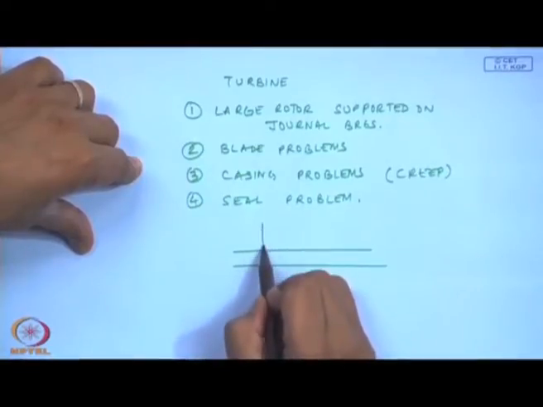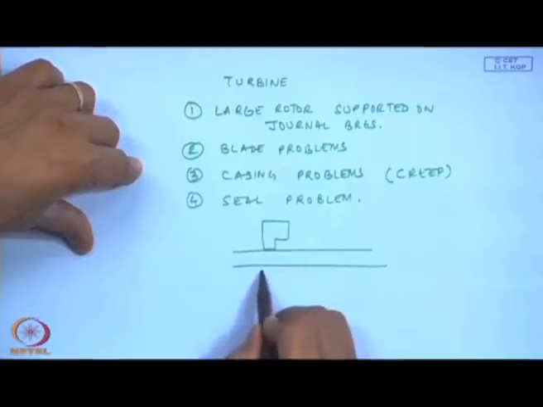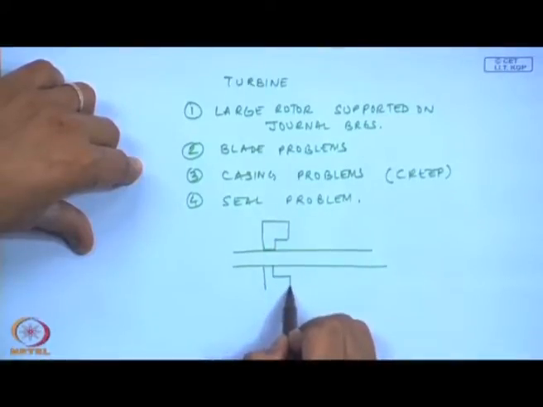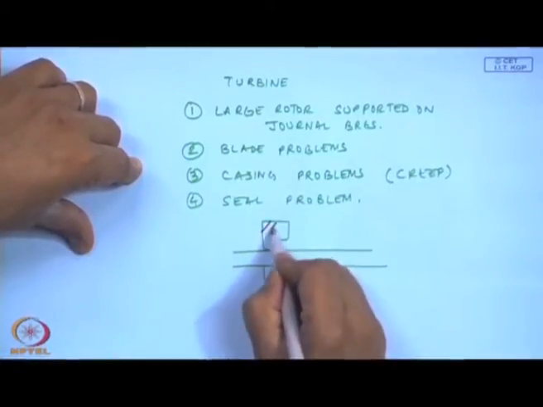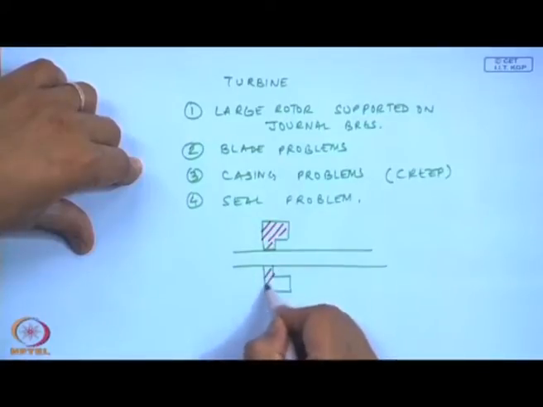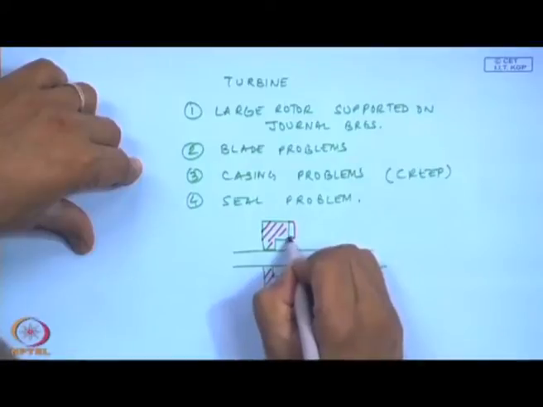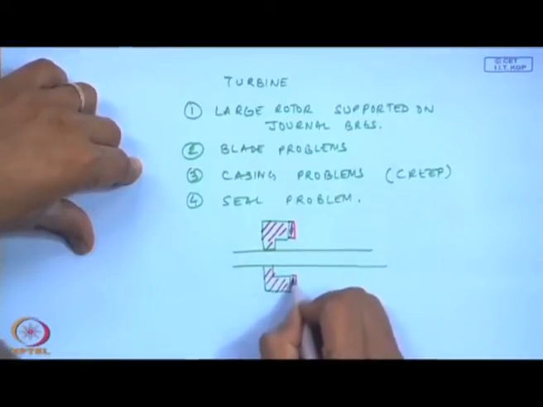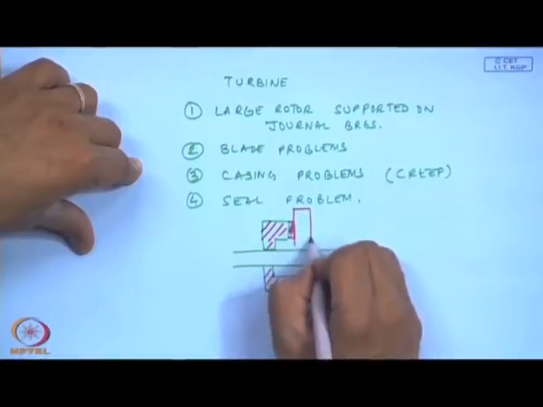So, in fact, these seals are mounted something like this as a rotating component, okay, which is tightly, and the seals are actually given here. They are spring loaded, and then you can have another component here.